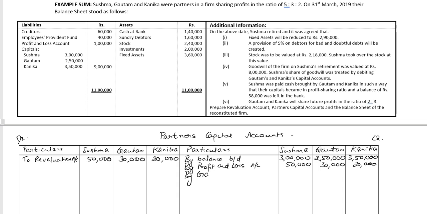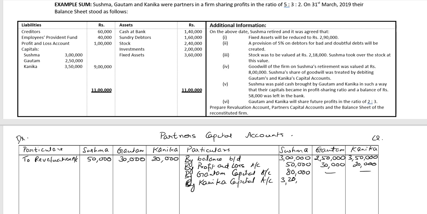By Gautam, capital account. Under Sushma, we'll write 80,000 rupees. And by Kanika, capital account, 3,20,000 rupees.